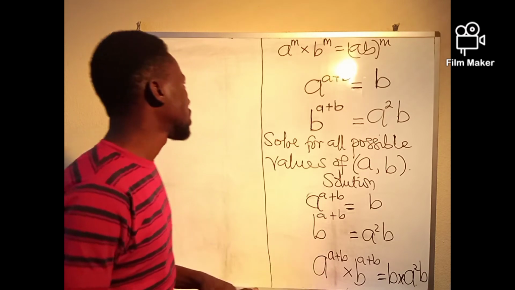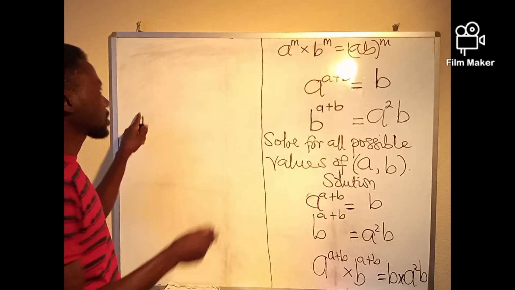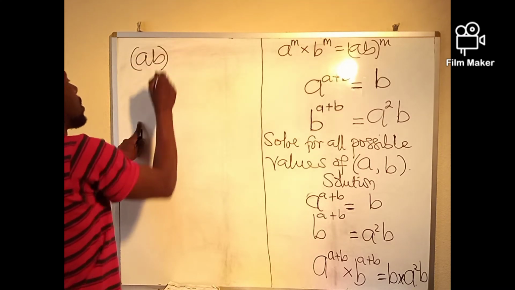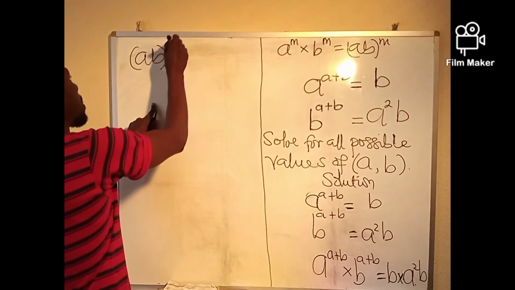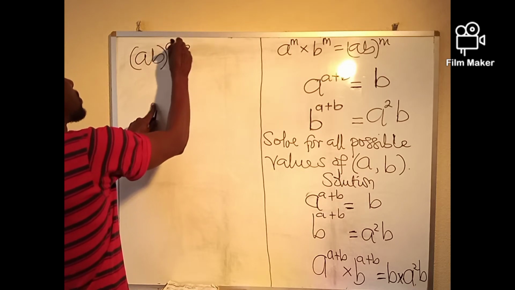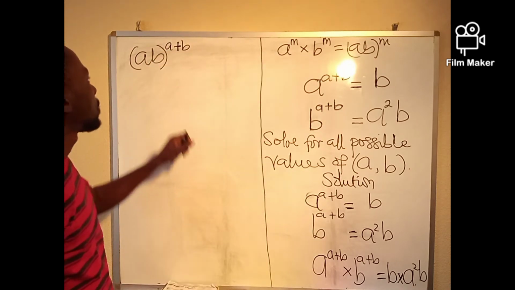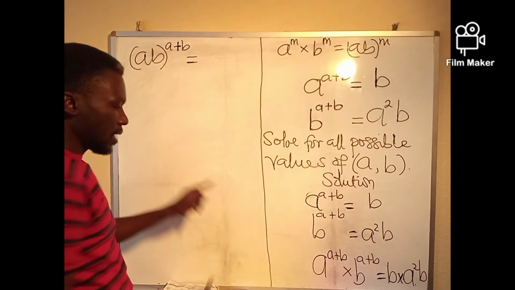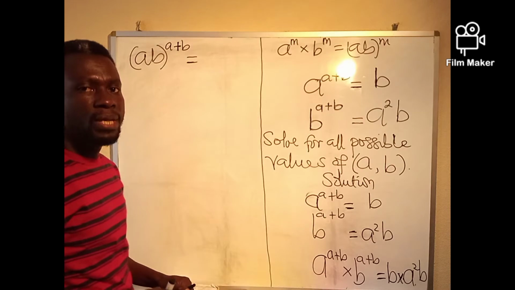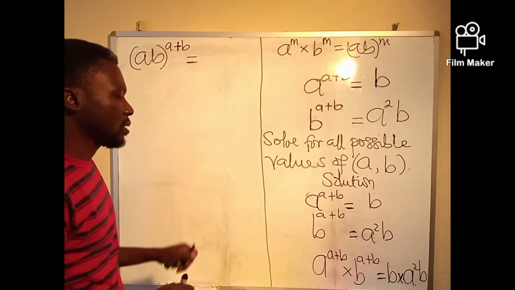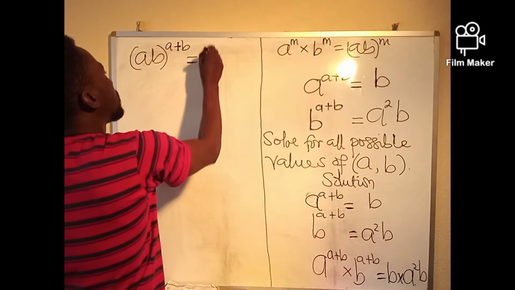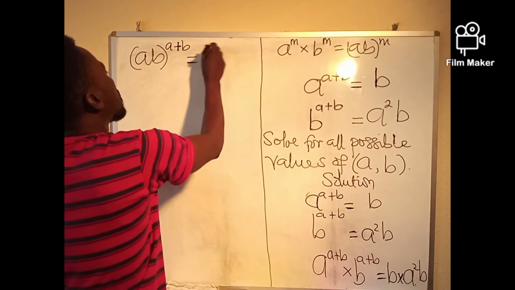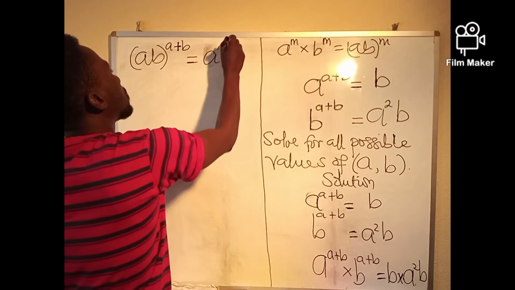So rewriting this, we shall have a multiplying b, that is a times b, now raised to the power a plus b. All right, so applying that rule, that is what we have. And then this will be equal to, the other part is b times a squared b, which gives us a squared b squared.